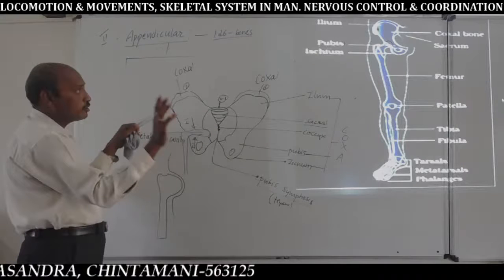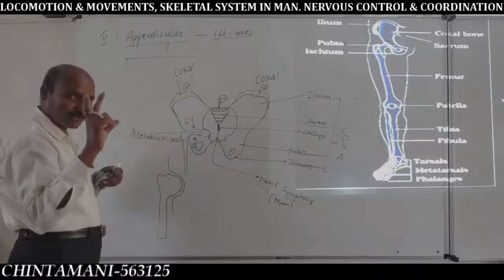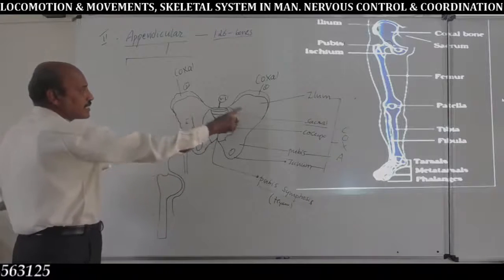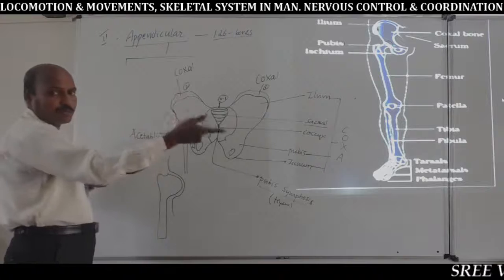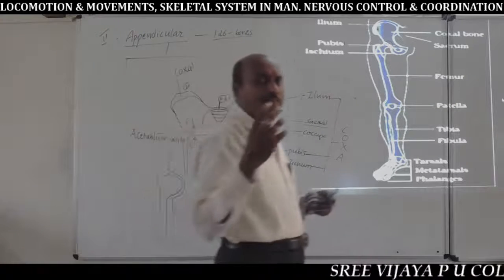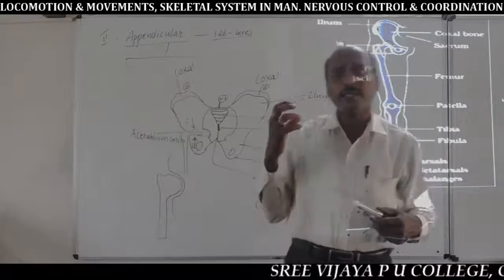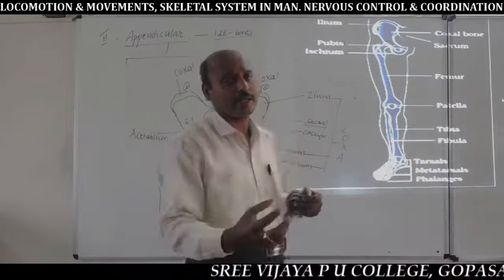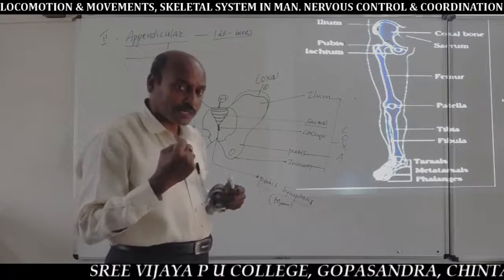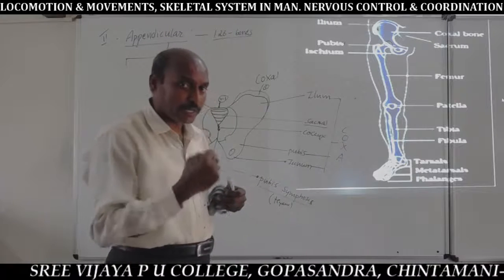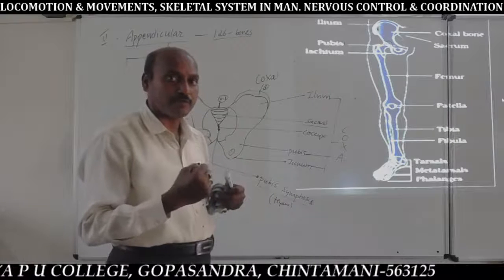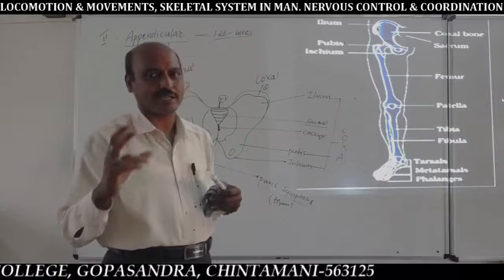So you should remember the pelvic girdle consists of two bones, the first and second coxal bones. Very important. The cavity present in the pelvic girdle is the acetabulum cavity. Into the acetabulum cavity, the head of the thigh bone, the femur, is fixed in the form of a ball and socket joint.